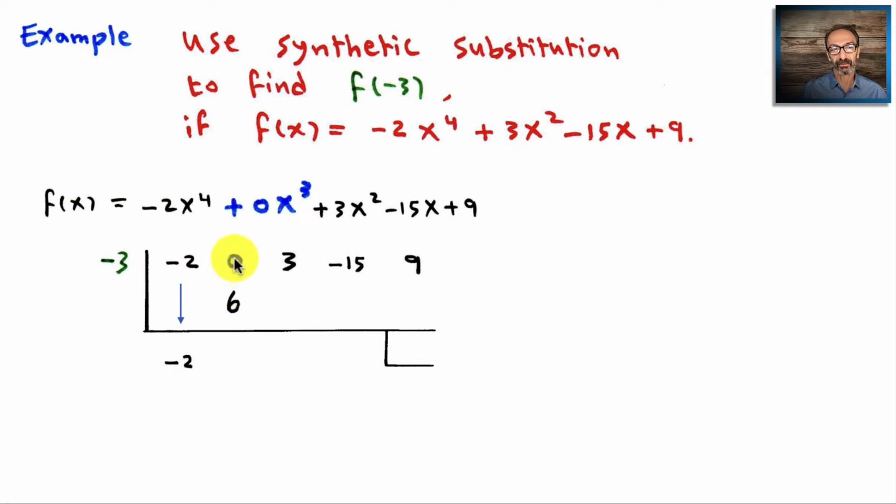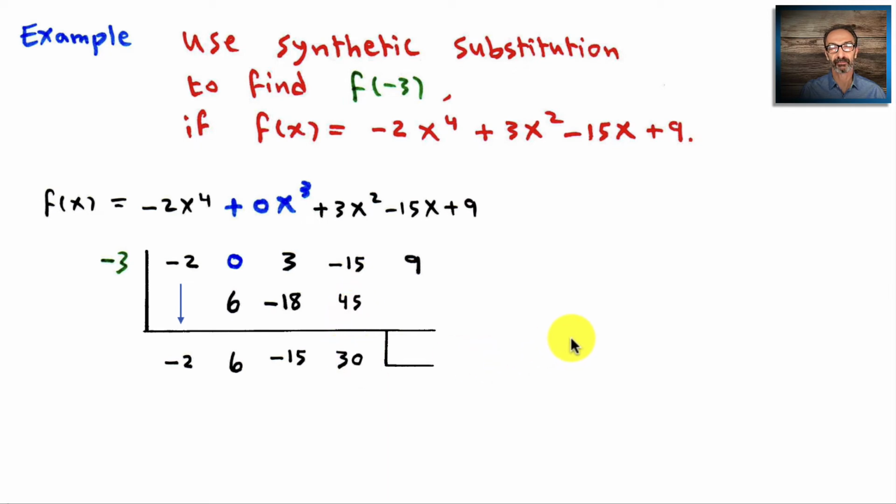We add, going down, that's a 6. We multiply 6 times negative 3, and that's negative 18, goes right there. We add, going down, negative 18 and 3 is negative 15. We multiply negative 15 times negative 3, which is positive 45. We add, going down, that's a positive 30.